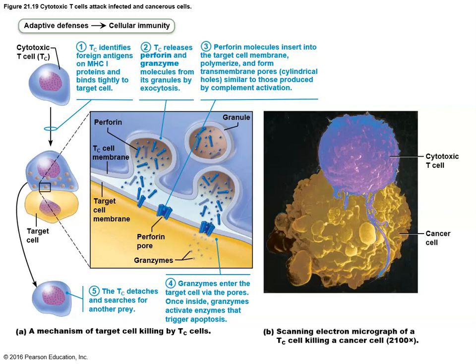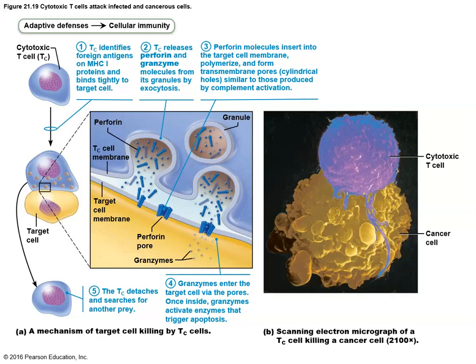Here's an example of a cancer cell, and it's been identified as a cancer cell, and this cytotoxic T cell is killing it. So what it does is it goes down and it binds to that particular cell, and it releases these enzyme proteins called perforins. And what those perforins do is they act just like the complement system.